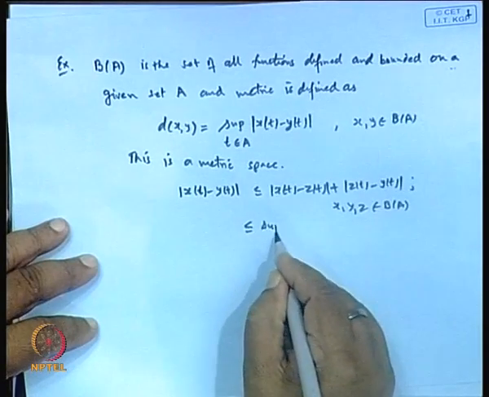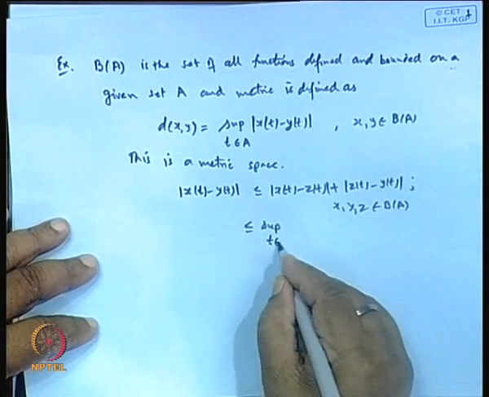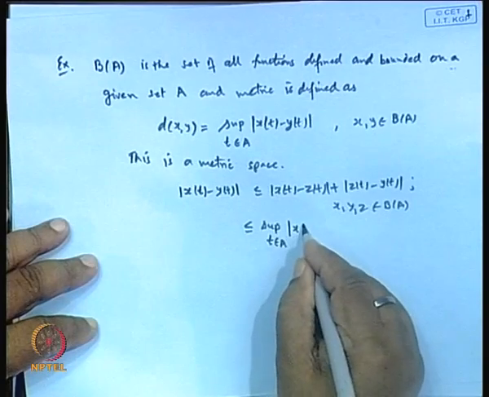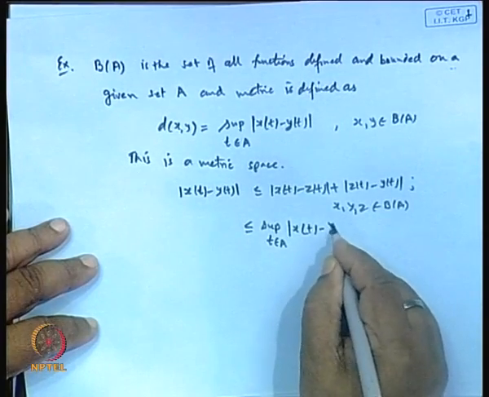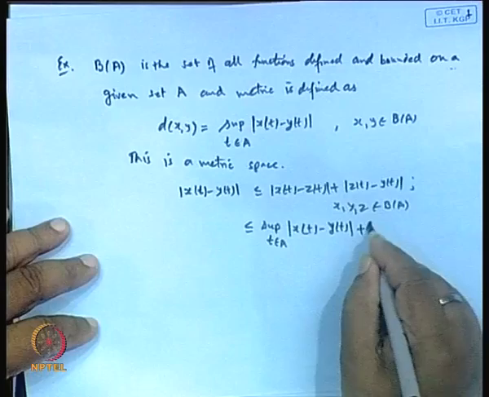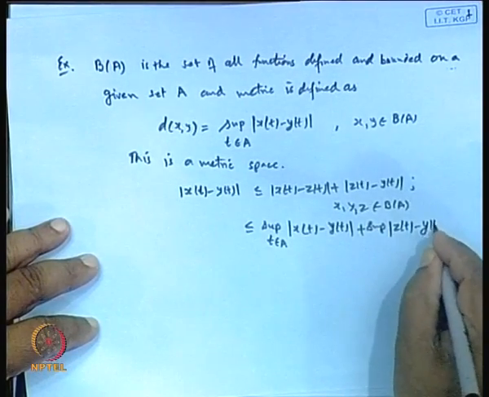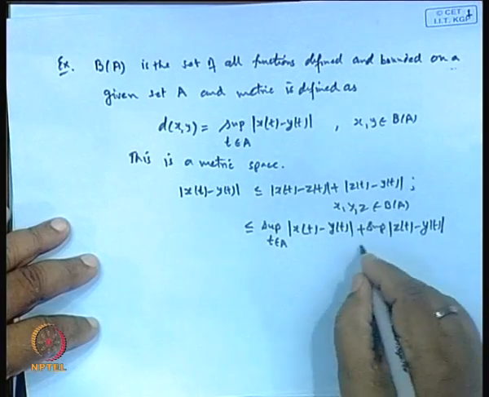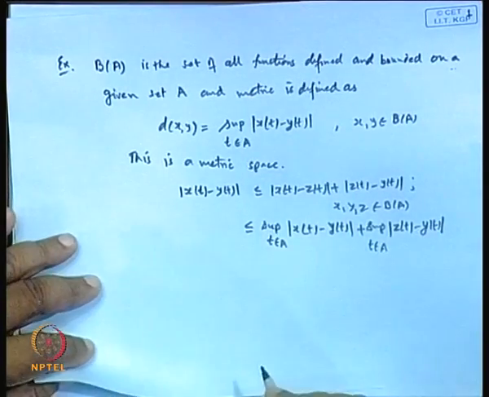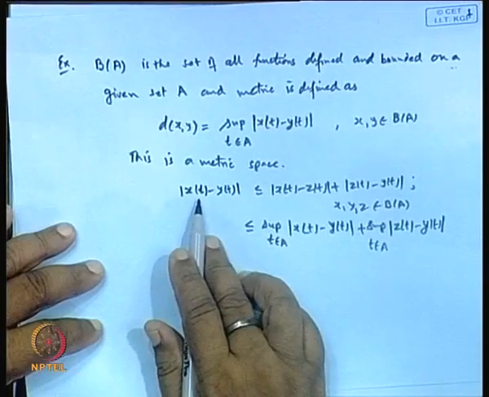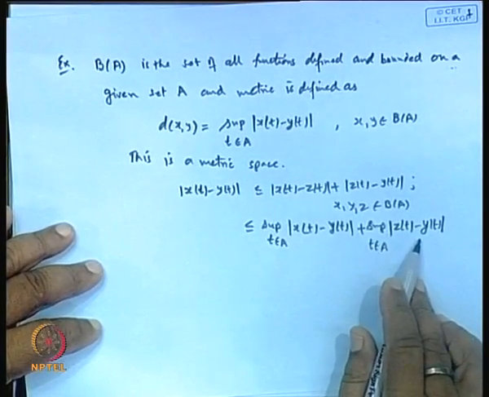So, it is less than or equal to the supremum over t belonging to A of this difference plus the supremum of z of t minus y of t over t belonging to A.